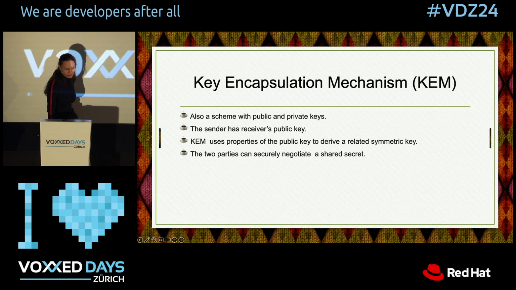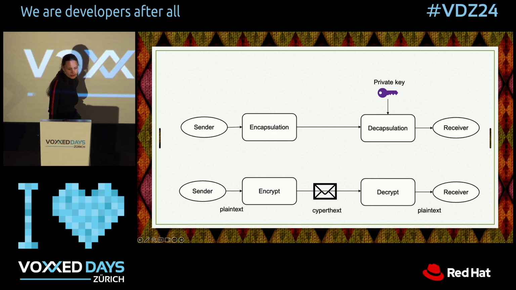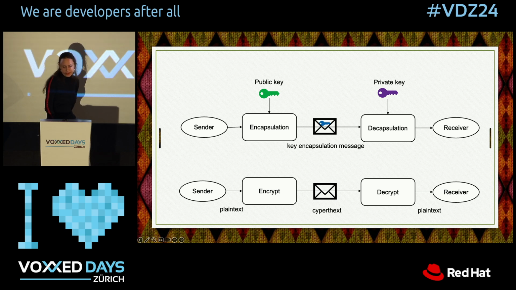But moreover, if we look at an example of it, the sender creates an encapsulation using the public key, right? So that's the first step. Then the sender uses KEM to transmit the shared key to the receiver. Later, the receiver uses KEM to encrypt data using a symmetric algorithm.